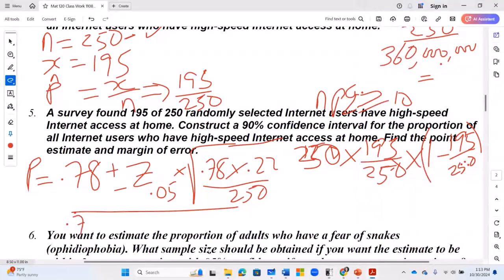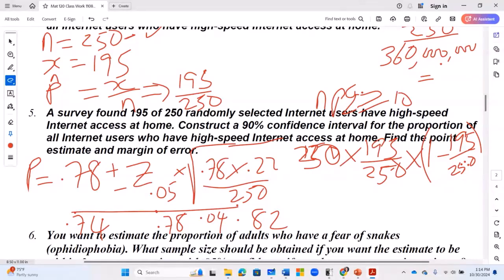I can add them up and divide by 2 to get the point estimate, which I already know is 0.78. And I can be asked to find the margin of error. The margin of error is half the distance between the upper bound and lower bound. 0.82 minus 0.78 is 0.04. So the margin of error is 0.04.